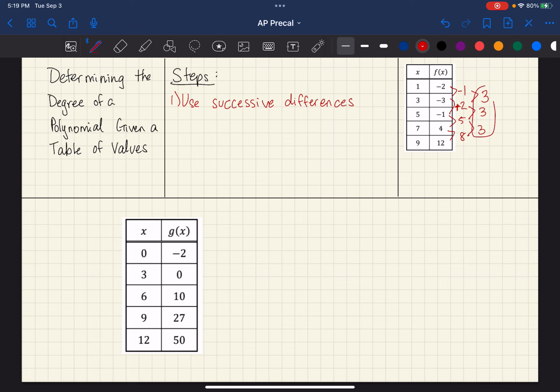So because I only had to do this twice, my degree is 2. Meaning it is a quadratic. So it's a 2 because the second difference is constant.